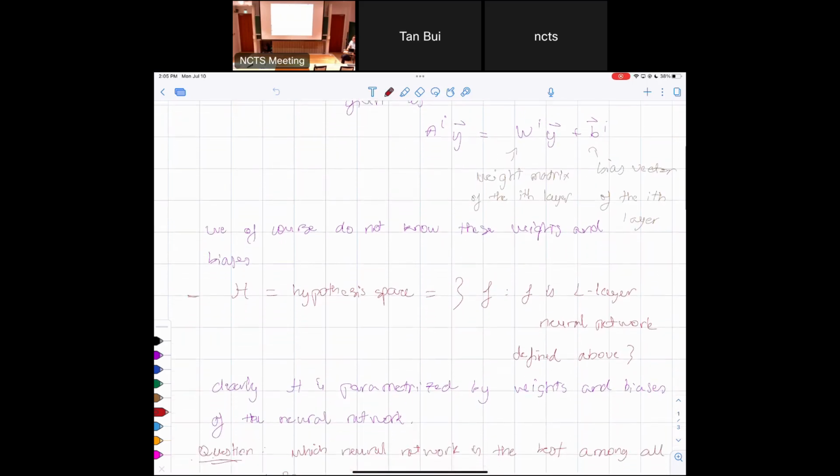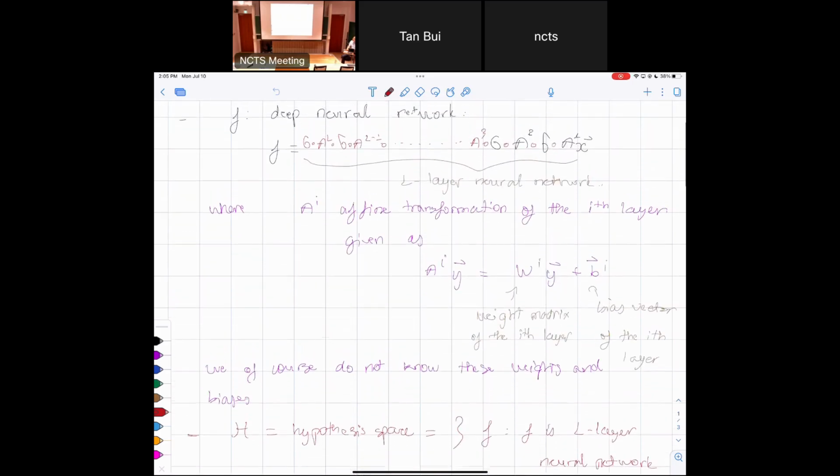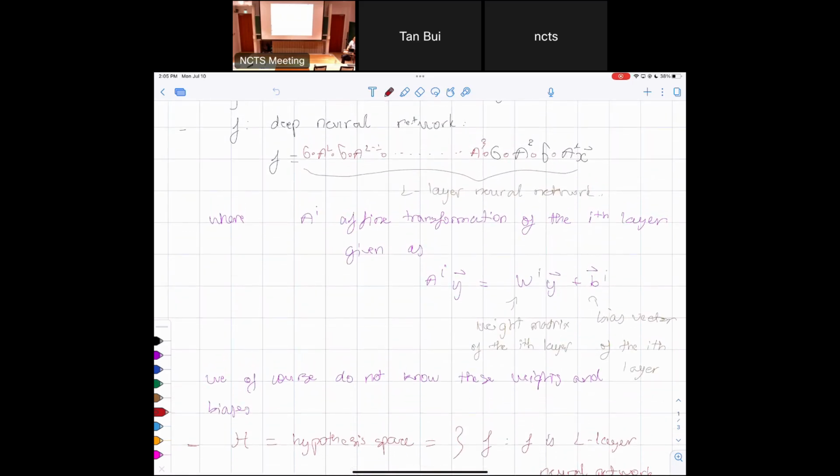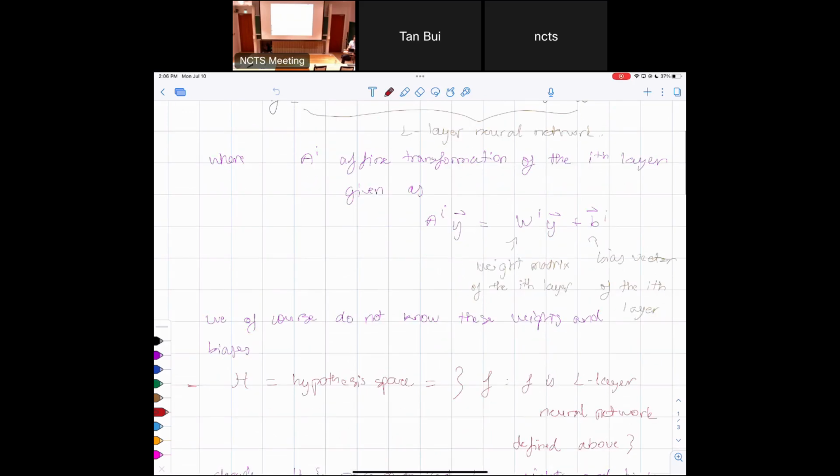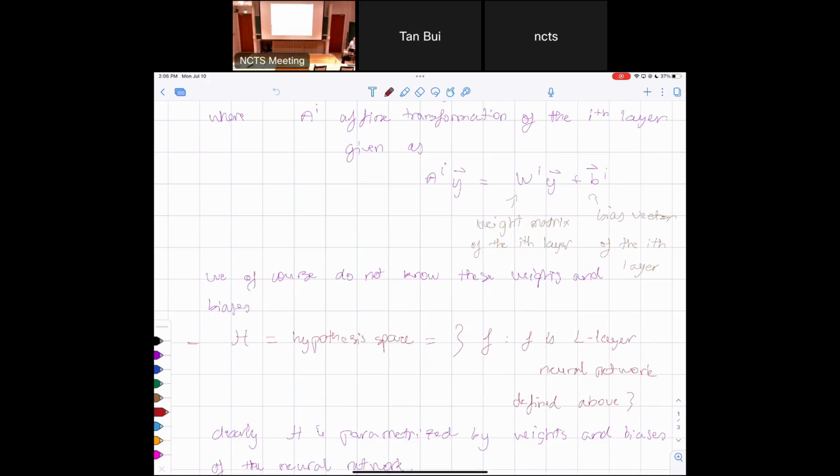And then of course, as we can see, we haven't talked about how to determine W and b. But you see that for each set of W_i, b_i, we have a new network, and the collection of all of them we call the hypothesis space.